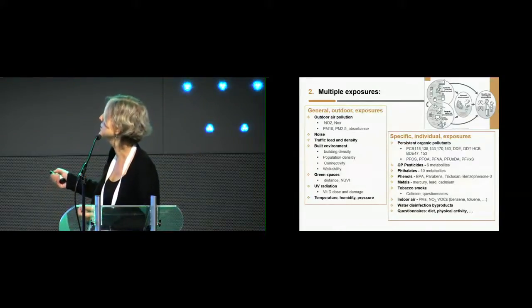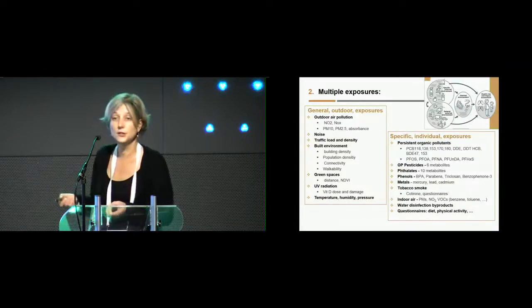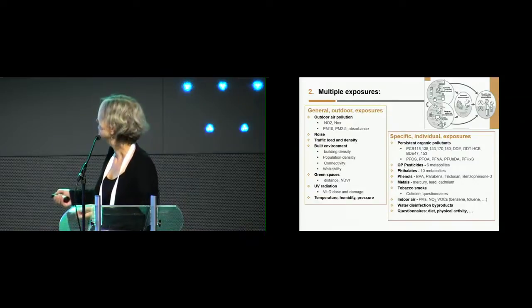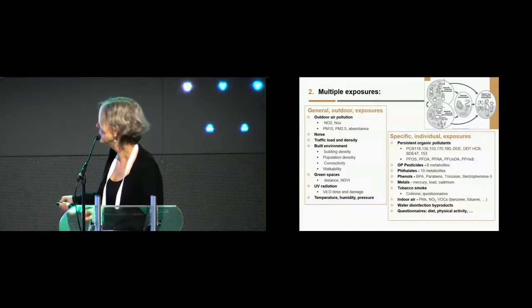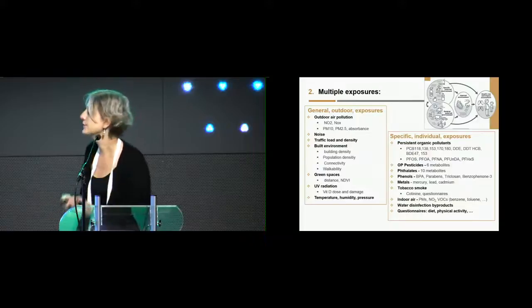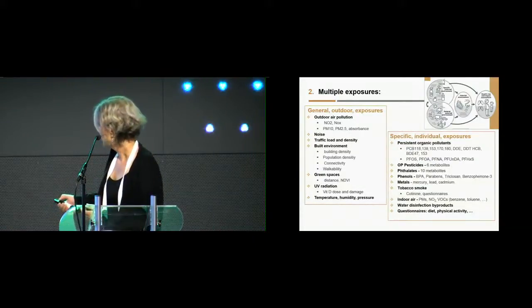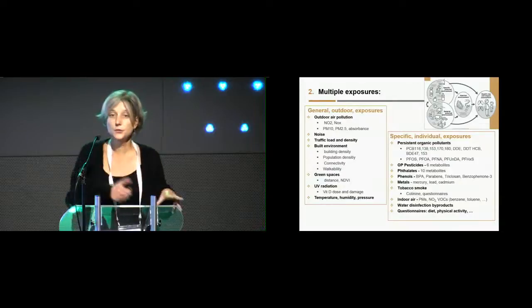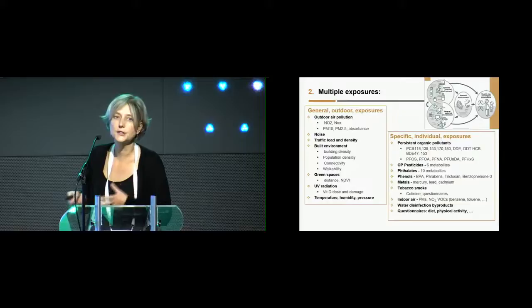So we measure persistent organic pollutants in blood, pesticides, phthalates and phenols in the urine, metals again in blood, cotinine in urine, and then we have some measurements in indoor air. We model disinfection byproducts, and we have long questionnaires on diet, physical activity, and other factors. And this is done both in the mothers during the pregnancy and in the children when they're a little bit older, at the age of 6 to 9 years.